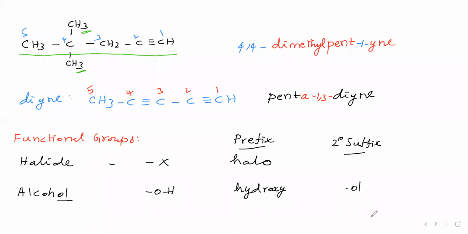Next, we'll take the functional group aldehyde. The aldehyde formula is CHO. This aldehyde can come under prefix, otherwise secondary suffix.